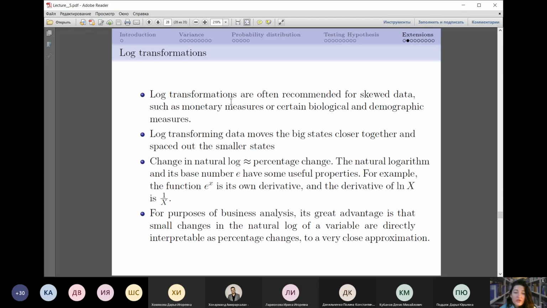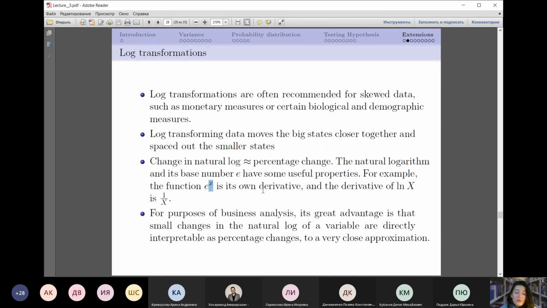Now let's return to the question: why should we use log transformation? Again, these transformations are often recommended for skewed data. It's very convenient when we use the logarithm with the natural base, e, because it means that we can interpret our change as a percentage change, and this is really very convenient in our tasks.